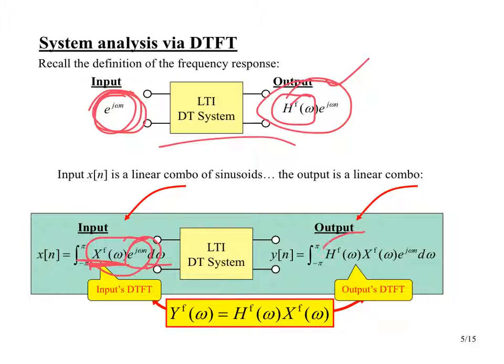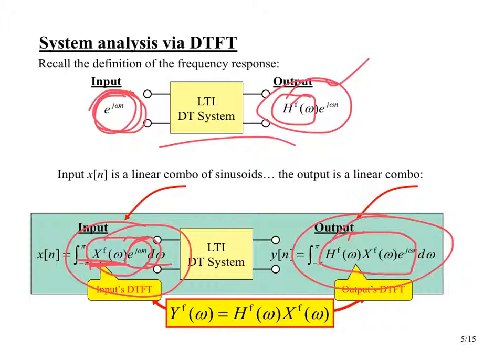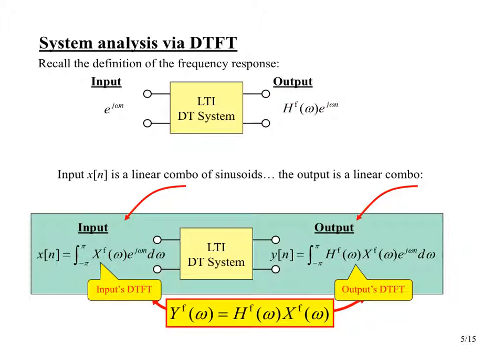We get out this component. Since we added those up, we get our result here. And so we see now that this is really just showing us that the output is indeed just the frequency response times the input DTFT.